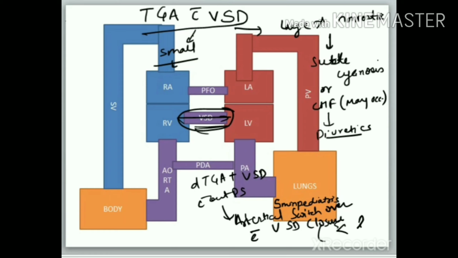Usually after more than 2 weeks we can go for the switch procedure along with VSD closure.